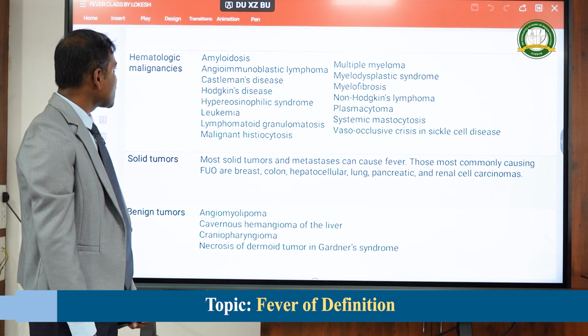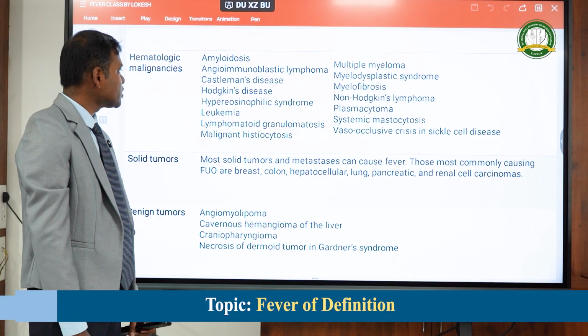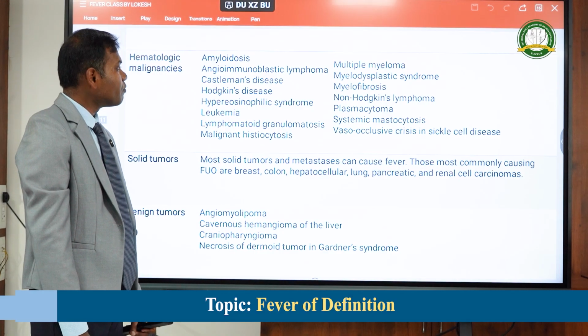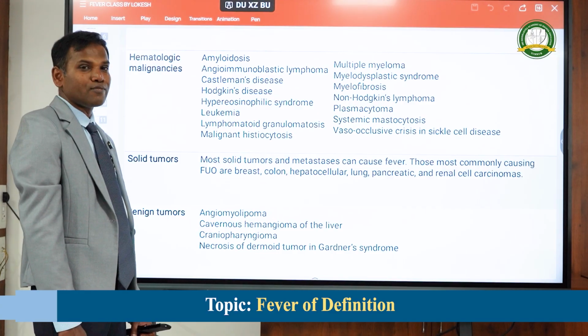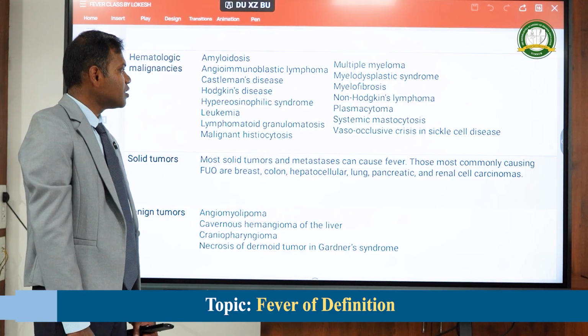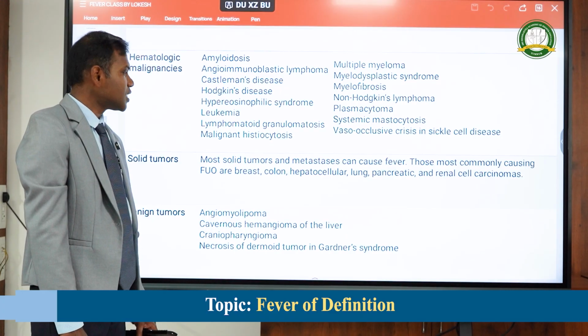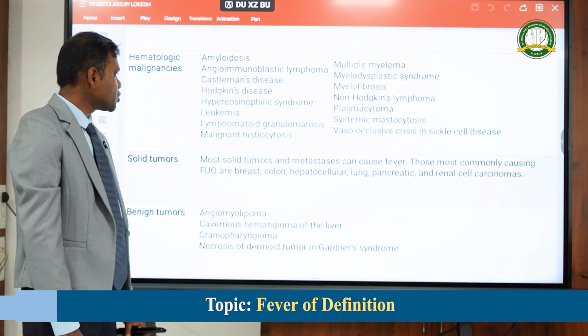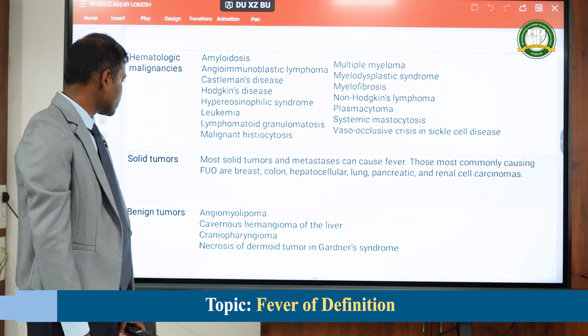Hematologic malignancies: amyloidosis, angioimmunoblastic lymphoma, Castleman's disease, Hodgkin's disease, multiple myeloma, myelodysplastic syndrome, myelofibrosis, non-Hodgkin's lymphoma, plasmacytoma, systemic mastocytosis, vaso-occlusive crisis in sickle cell disease, malignant histiocytosis, leukemia, and lymphomatoid granulomatosis.